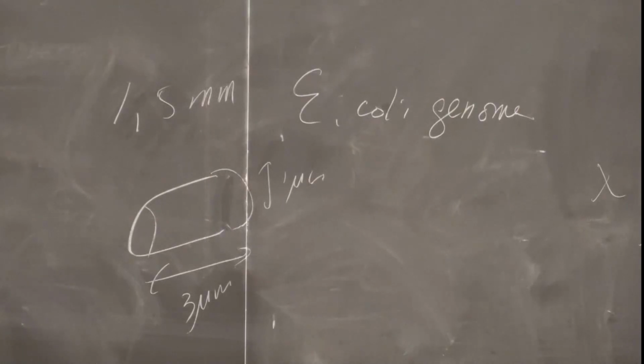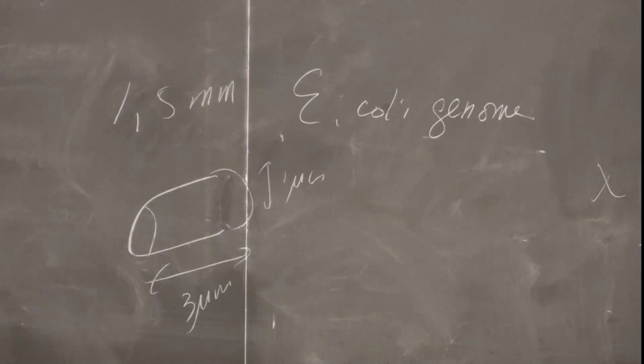In the case of lambda phage, its genomic DNA is about 50 kilobase pairs, 50,000 bases, which is even shorter than the E. coli genome, and this is about 16 micrometers fully stretched.